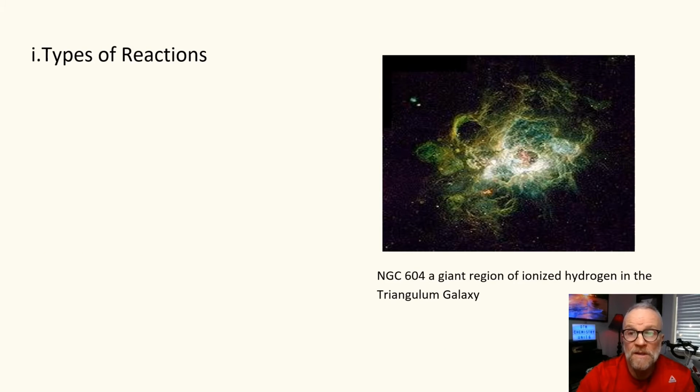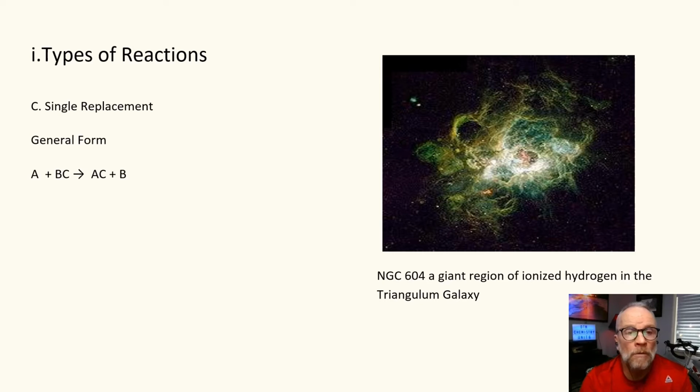Types of reactions continued. Single replacement. And they have the general form of A plus BC yields AC plus B. So in this reaction, you have a switch of dance partners. I always like to kind of refer to this as students at the high school dance.